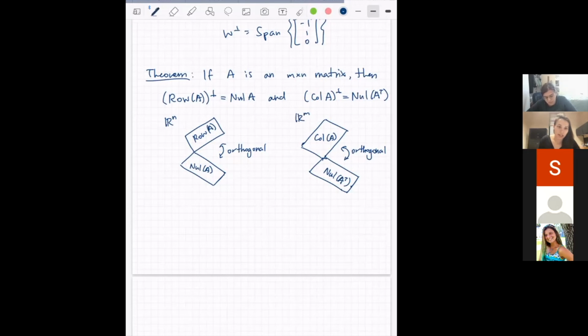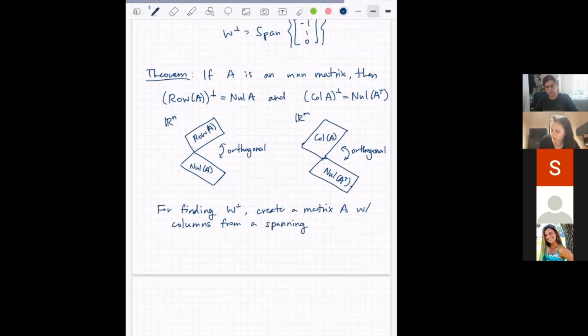So for finding W perp, you can basically create a matrix A whose columns are, we'll say, a spanning set of W, right?